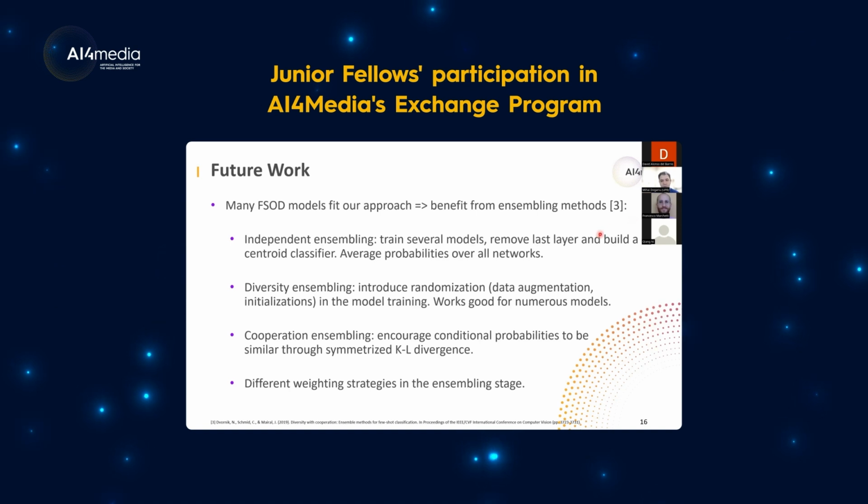We want to try 3 different ensembling methods, which we've found to be quite successful in a similar paper by Nikita Dvornik. We want to test the independent ensembling, which is very similar to what I have done.